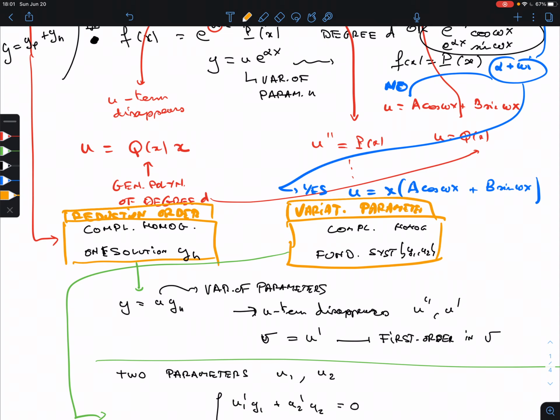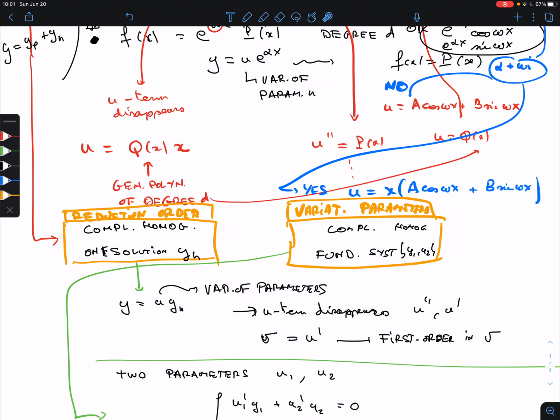So there were two different methods, but there was a condition. We couldn't always do them. There was a requirement. For reduction of order, you had to have at least one homogeneous solution. For variation of parameters, we need a fundamental system. Now, in this case we can actually do both. Of course, if you can do this one, you can do that one too.